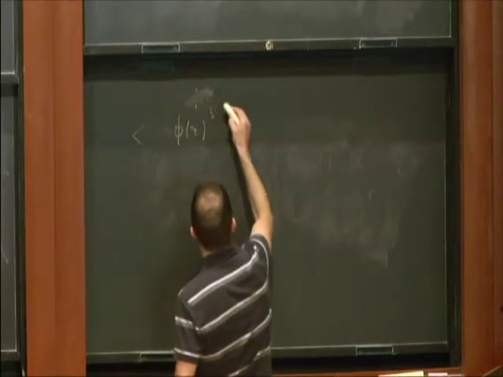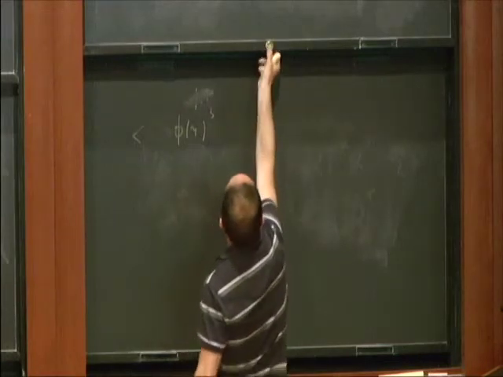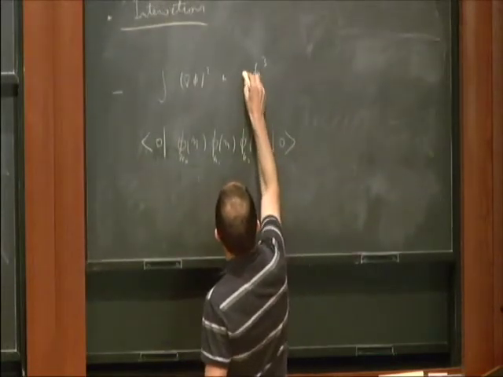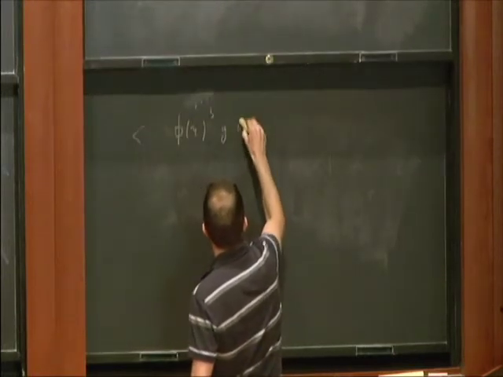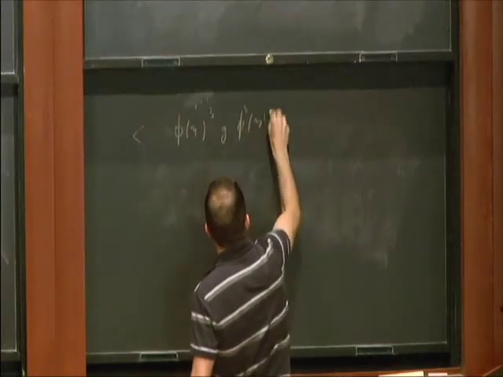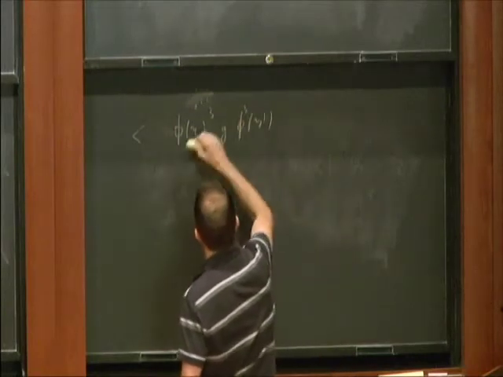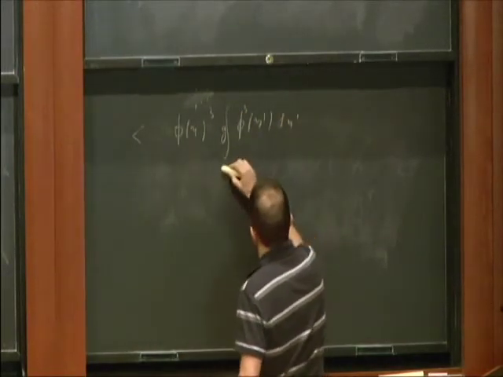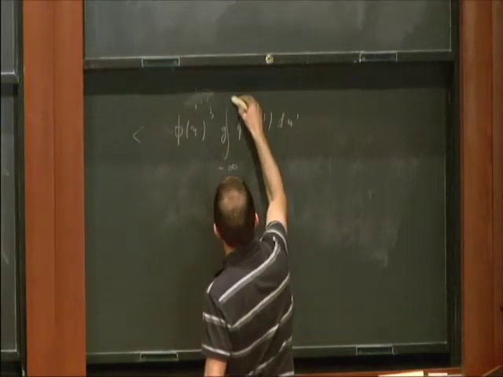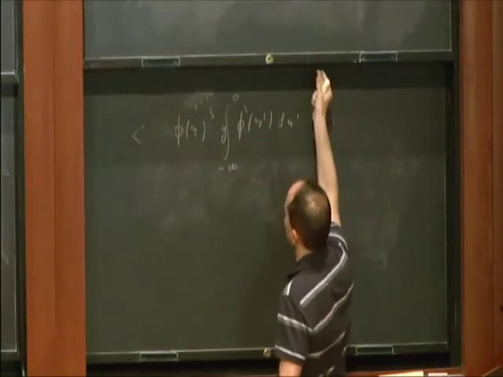This is what I wanted to compute. Then I expand the Lagrangian. There is some coupling constant g here. Expand to first order, g phi cubed of eta prime, and I integrate this between minus infinity, the infinite past, and the future. And we get this.